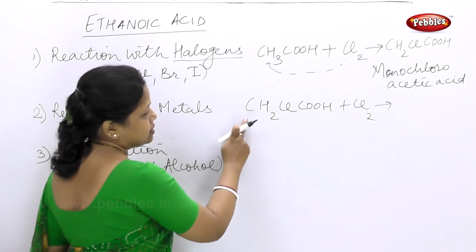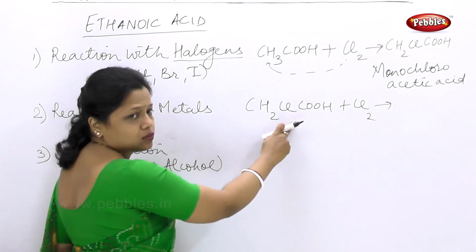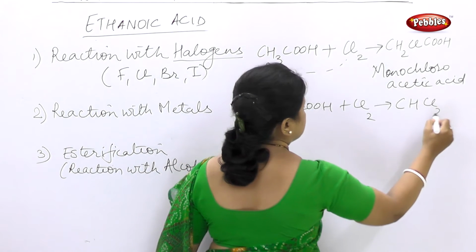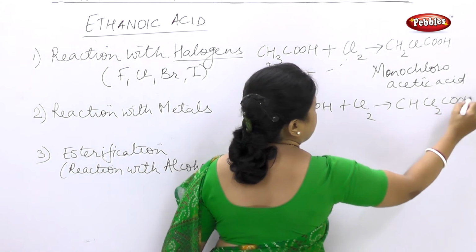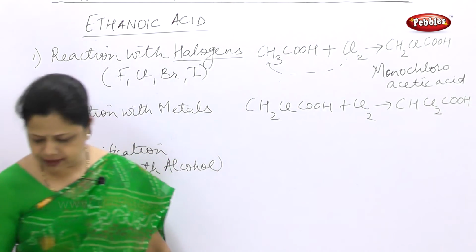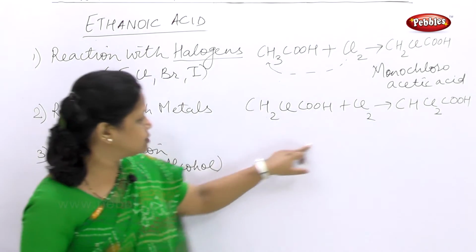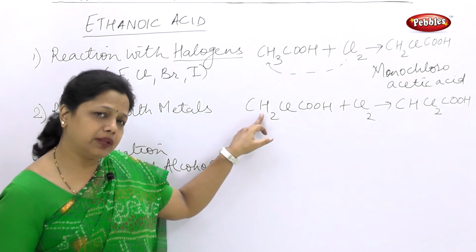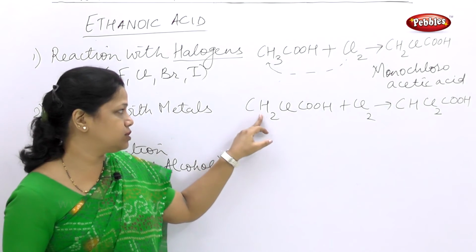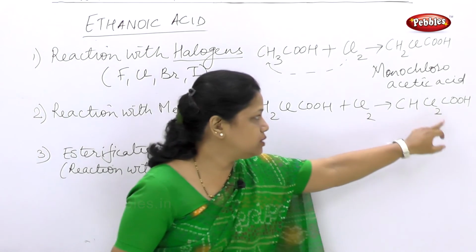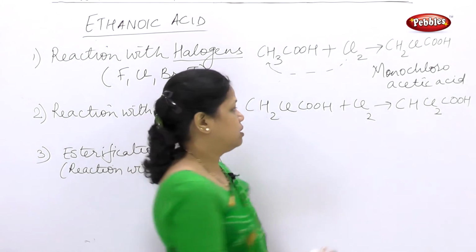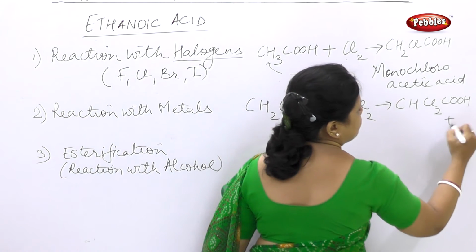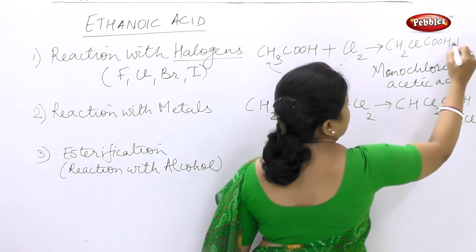We are left with CHCl2 COOH. Now what has happened? One chlorine has replaced one hydrogen and therefore one hydrogen only is remaining. So it forms CHCl2 COOH. Now what is remaining? Here one H was remaining, one Cl was remaining. So we have to show one HCl here, one HCl here.